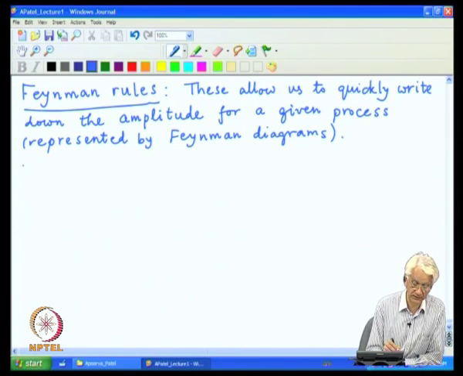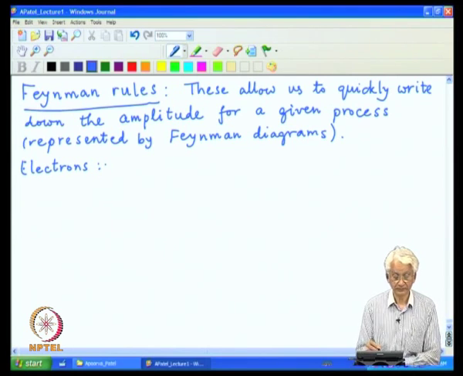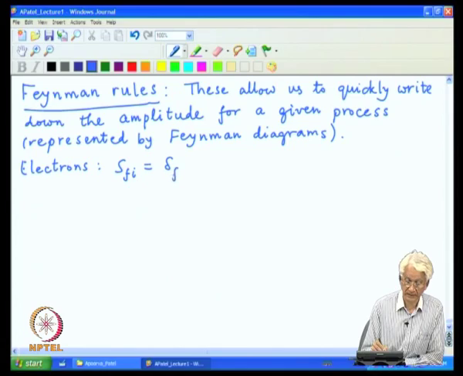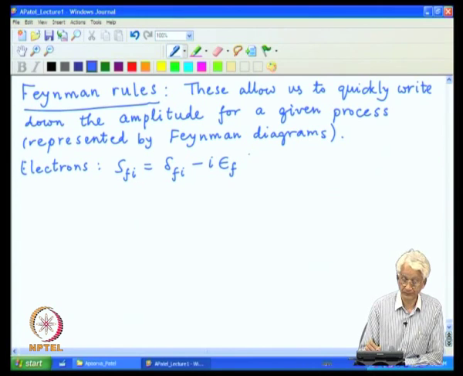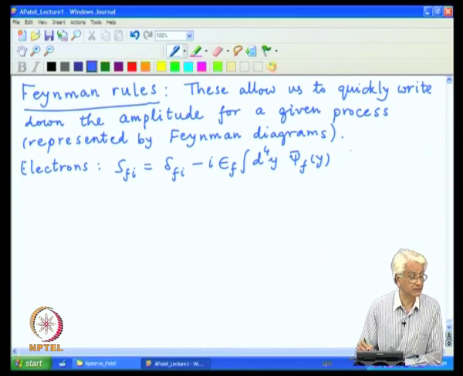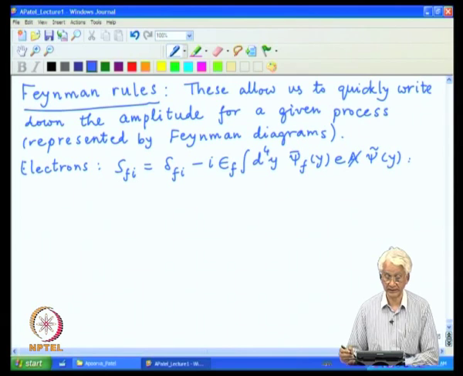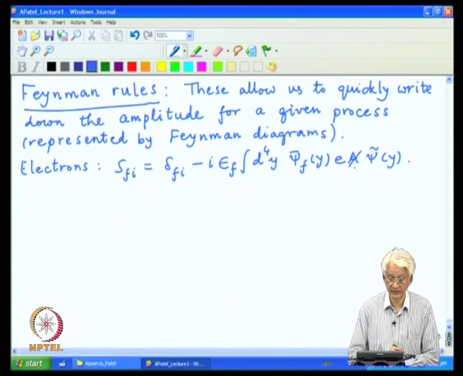First, for the electrons, we have written down the element of the scattering matrix as the part where nothing happens, and then a part where the electron wave function responds to the electromagnetic field represented by A slash in this process.